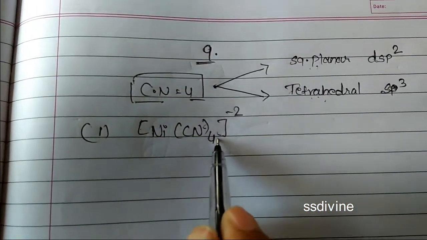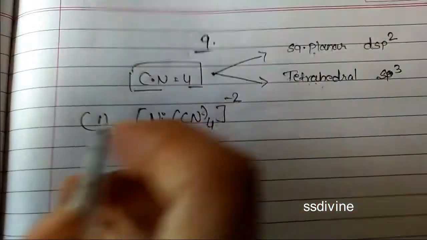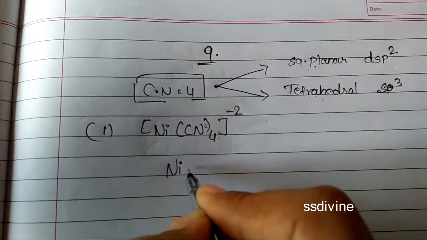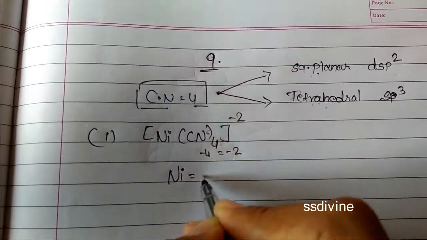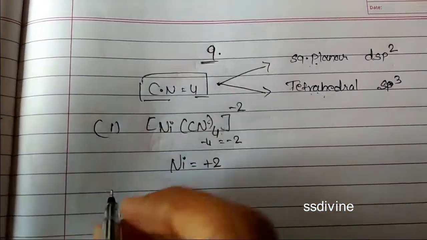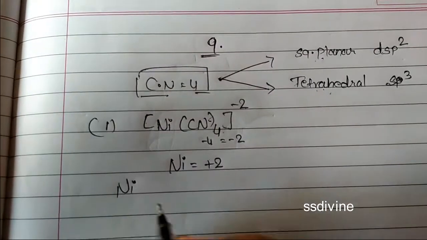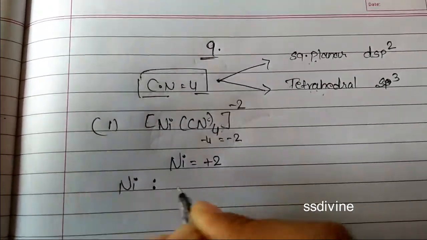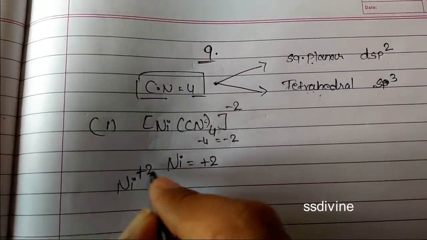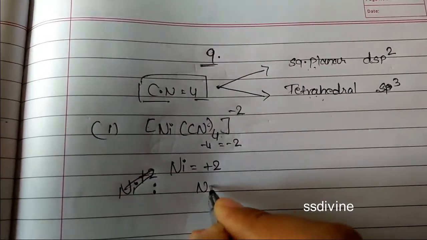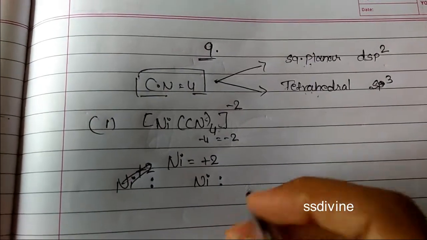Here [Ni(CN)4]2-. So the oxidation state of Ni is x minus 4 equals minus 2, it will be plus 2. So the electronic configuration of nickel in plus 2 state, rather we will write first Ni only.